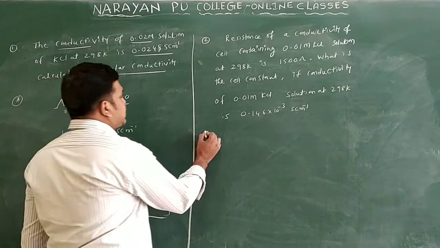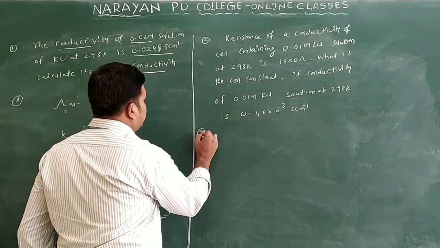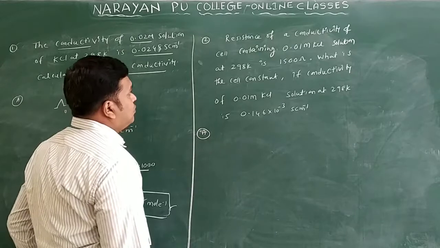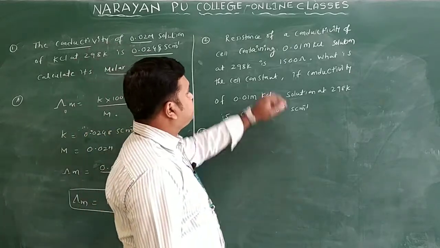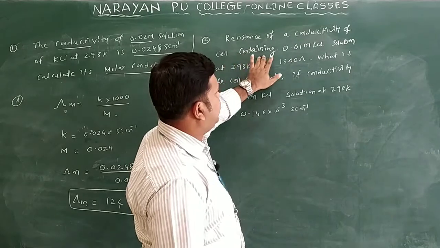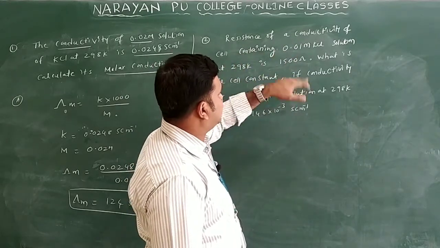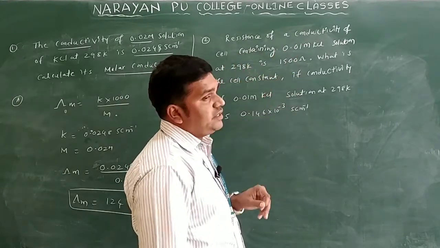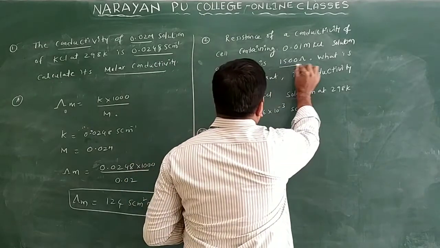Okay, see the next question, question number 2. The resistance of a conductivity cell containing 0.01 molar KCl solution at 298 Kelvin is 1500 ohms.